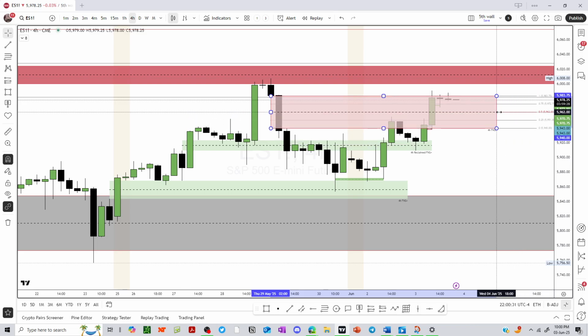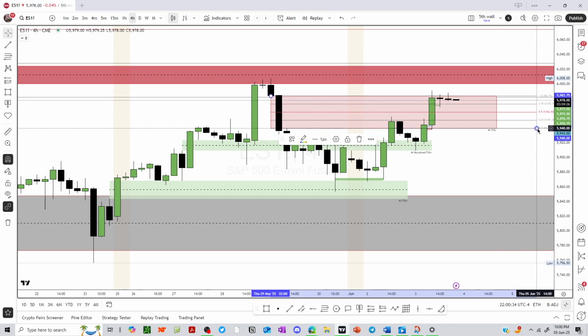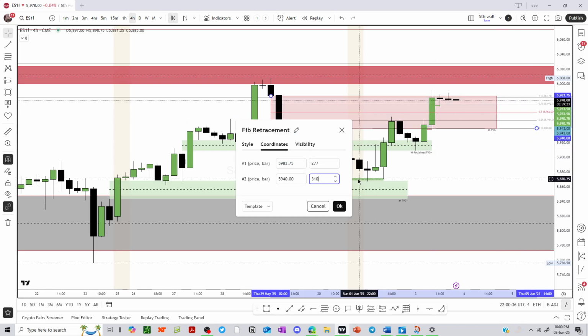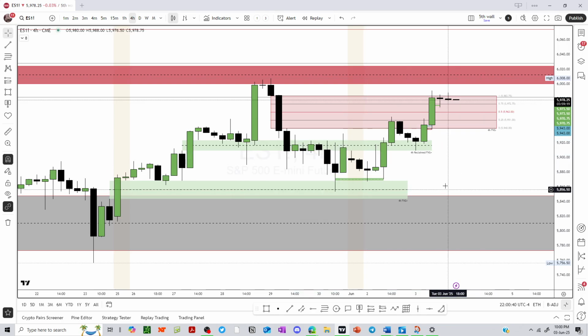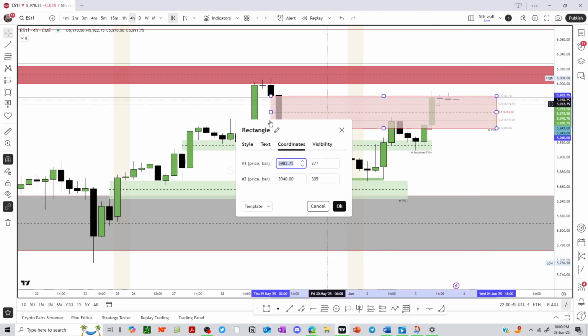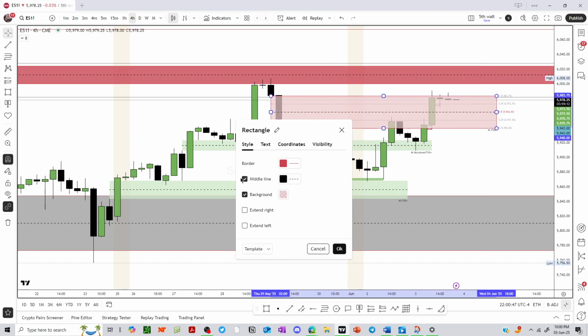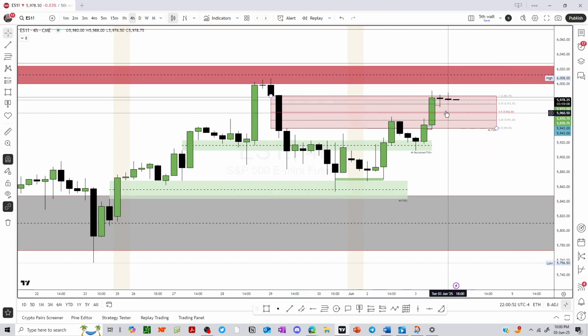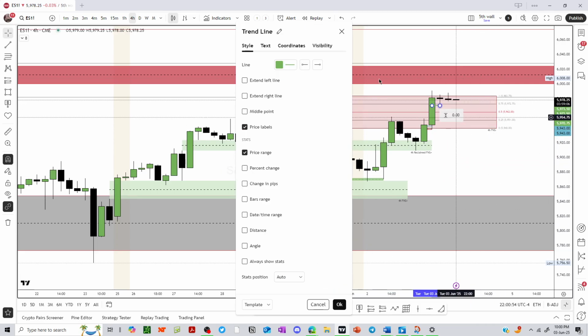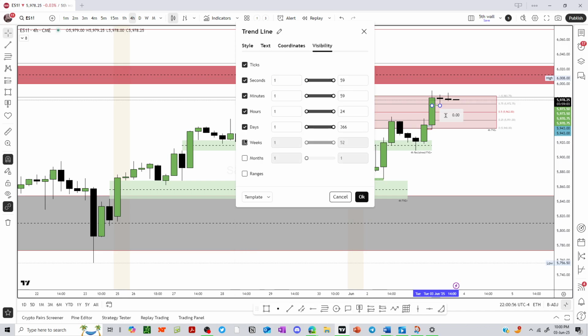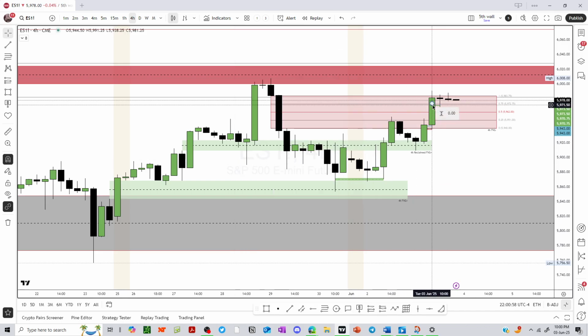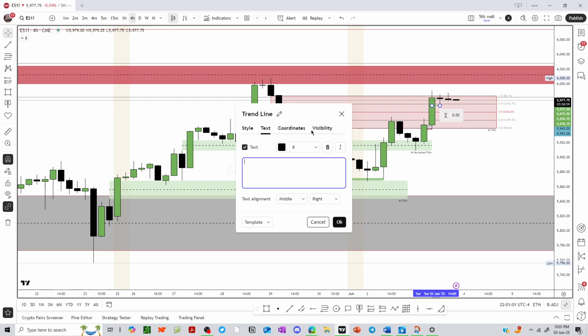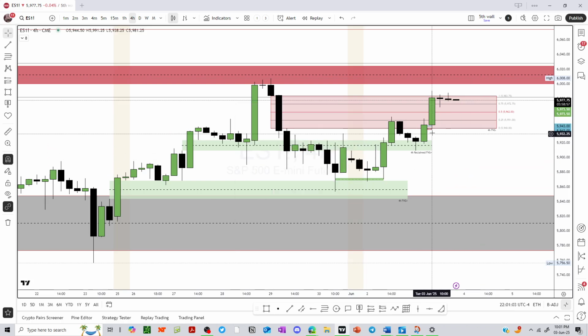Hey, let's pull it back some. Stop being greedy. Let me see what price does. Take the midpoint off because we have it here. And I don't know what time frame this is on, but it's definitely not this one.